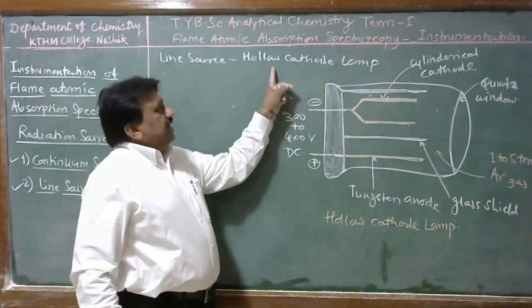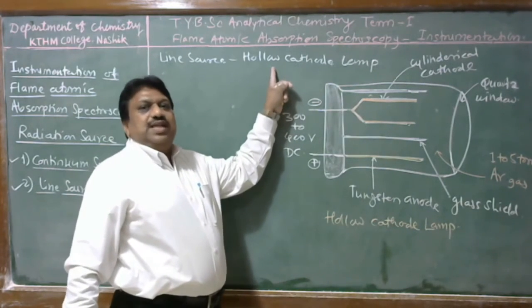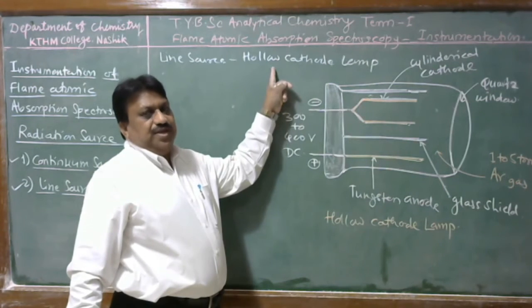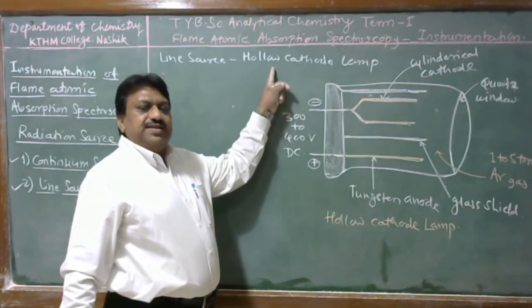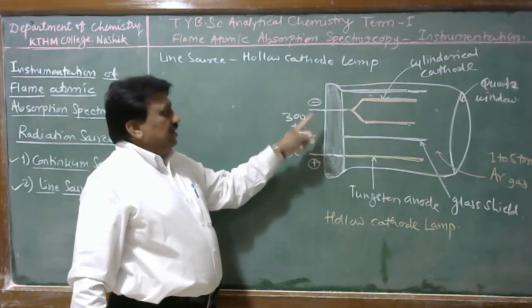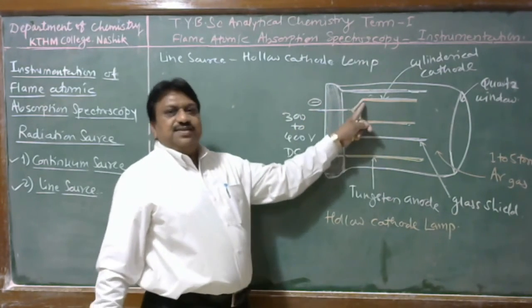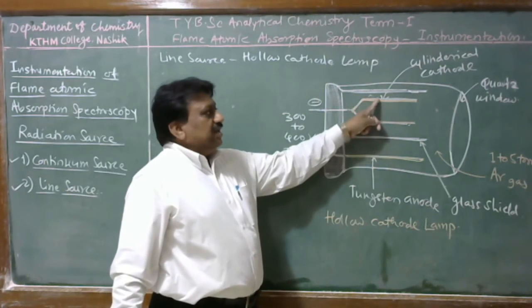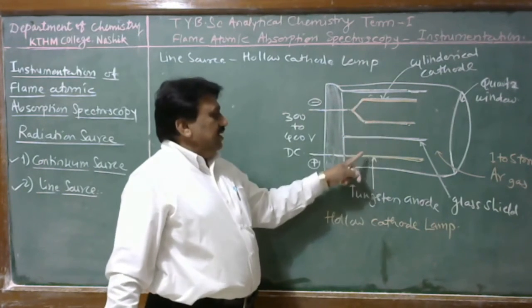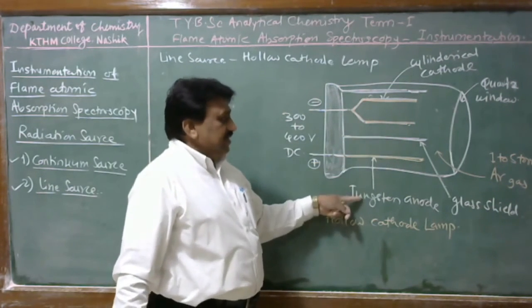Hollow cathode lamp is an important light source used in atomic absorption spectroscopy. In 1955 it was invented by Alan Walsh. The construction of hollow cathode lamp is as shown in figure. It consists of a cylindrical cathode made up of analyte element, separated from a tungsten anode.